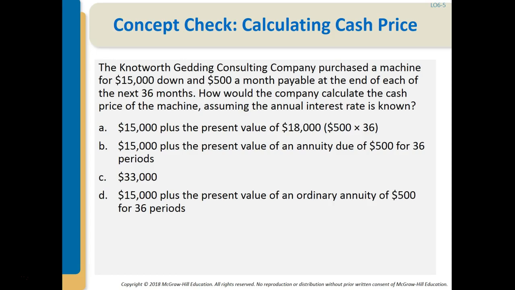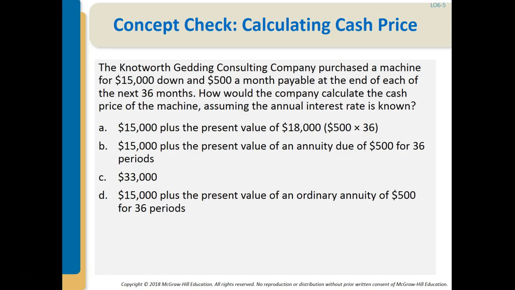Or $15,000 plus the present value of an annuity due of $500 for 36 periods, $33,000? Or $15,000 plus the present value of an ordinary annuity of $500 for 36 periods.